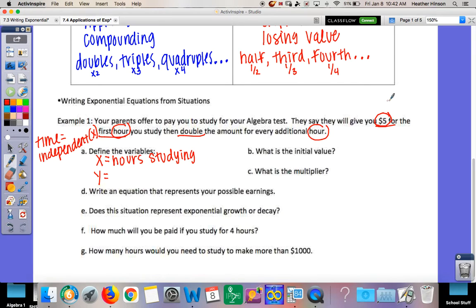Your Y is going to be your money. Money always depends on something. Whether you're earning it, you're spending it, whatever you're doing with money, it depends on you doing something. So that's always going to be Y. So this is the amount that you're paid, the total amount that you get paid.